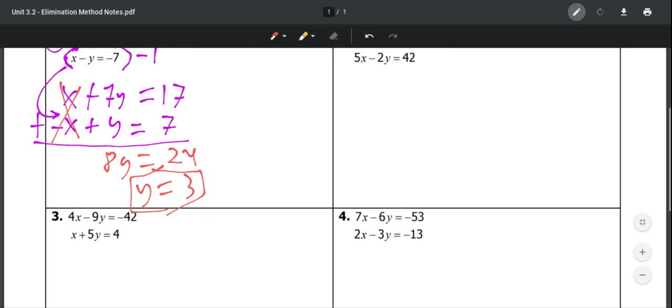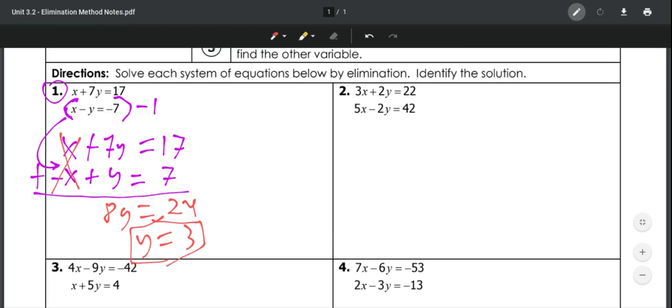Now we're going to take that y that we just found and plug it into either this equation or this equation. It doesn't matter, but make sure you don't plug it into the equation after you multiplied it. You want to plug it into the original. So I'm going to plug it into this one.